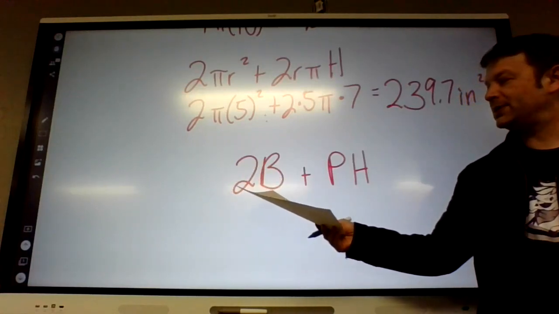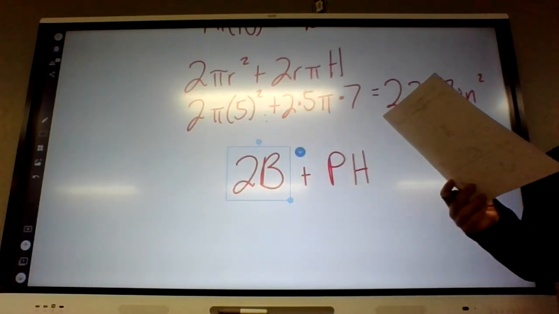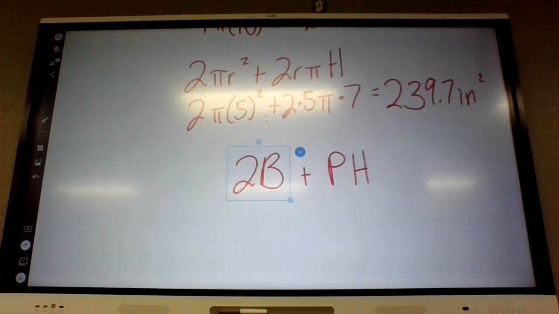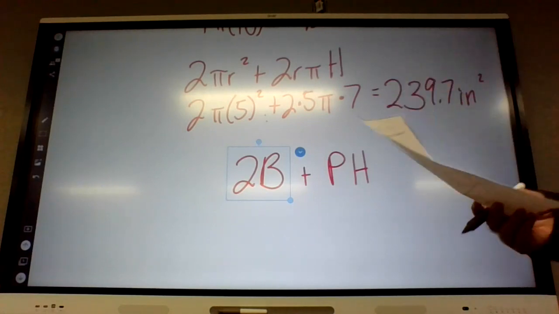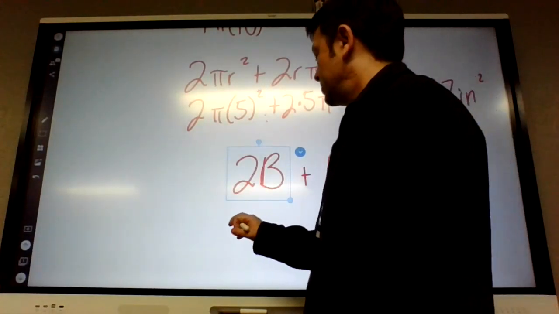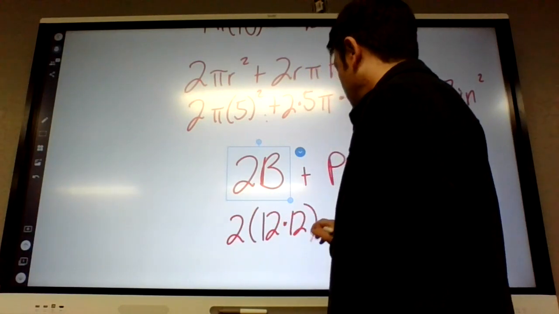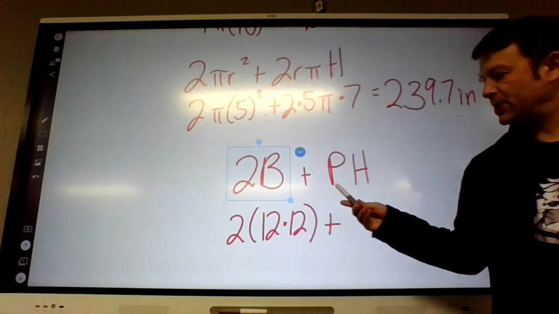So how do we find the base area on number 4? 12 times 12. That would give us the area of the square base. And then there's 2 of them. So 2 times 12 times 12 plus, what is P going to be?